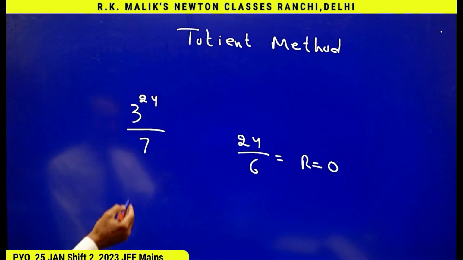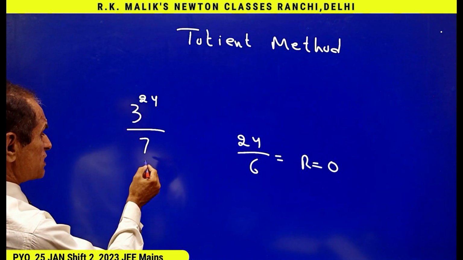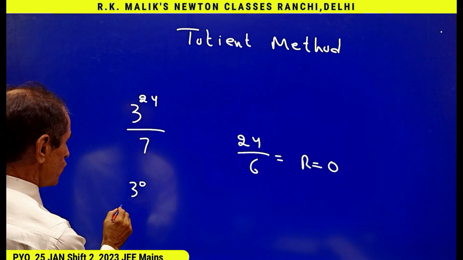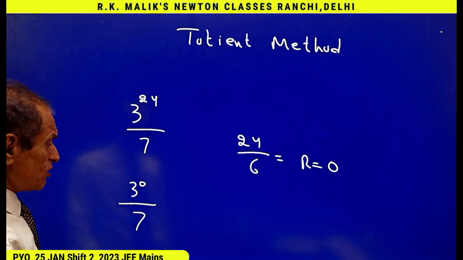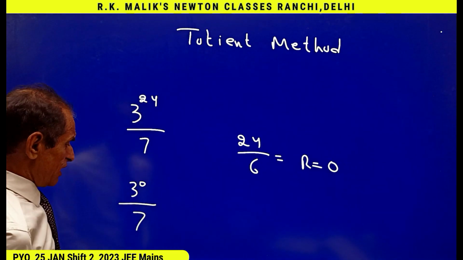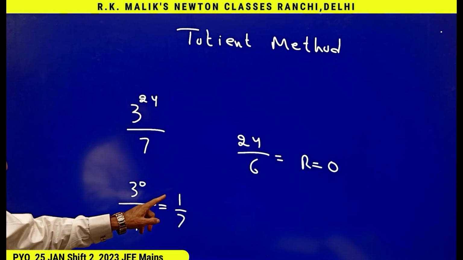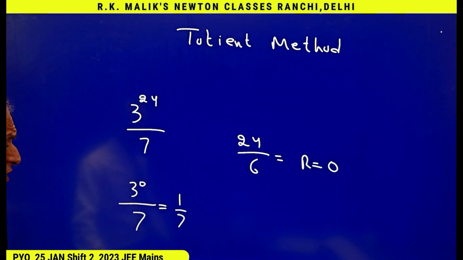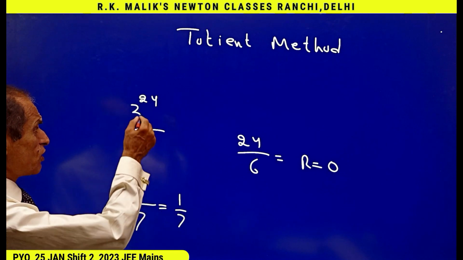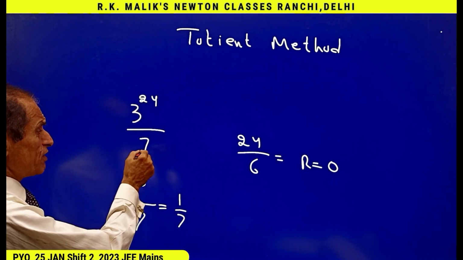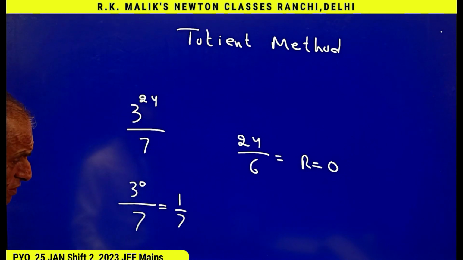Hence, I can say when this is divided by 7 or when 3 to the power 0 is divided by 7, remainder will be the same. And because it is 1 by 7, and clearly when 1 is divided by 7, remainder will be 1. Therefore, I can say when this is divided by 7, remainder will be 1.